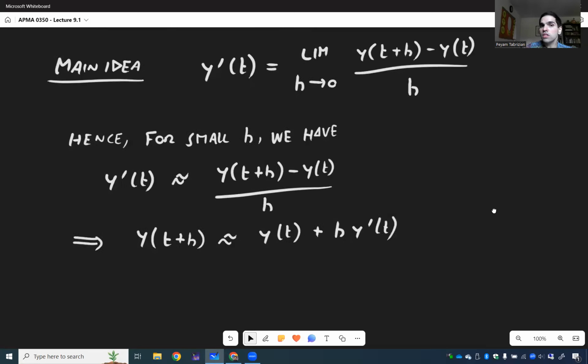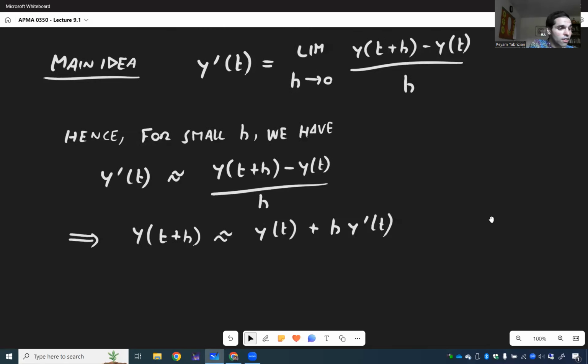Now, this is an equation you may have seen in calculus, but now we can interpret this in terms of what we want, because y of t is like the present, the info that we know, like maybe the initial condition, and y of t plus h is the future.